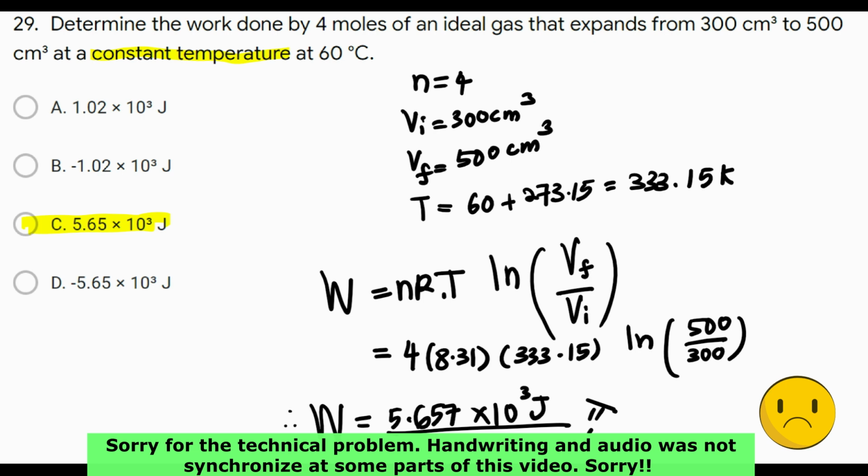N R, 3 ln VF is 500 over 300. Therefore, W is equal to 5.657 exponent 3 joule. So the answer is B. B? C. C.